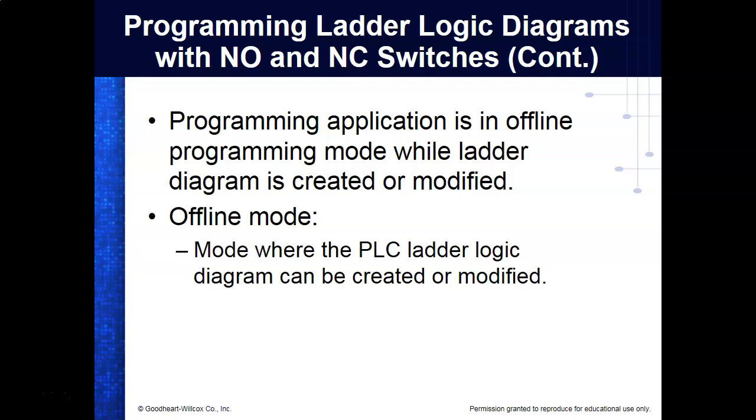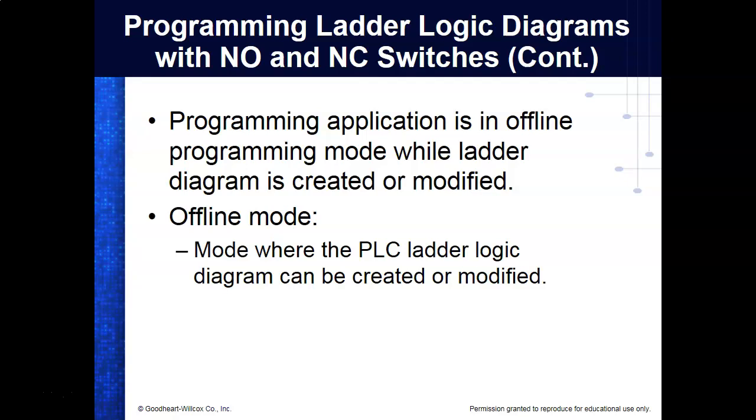It could be in the run mode. If you switch it to the run mode with a switch, and I'm going to show you how to do that on the 1100, then you can't download a program into the PLC when it's in the run mode. And then we have the program mode.